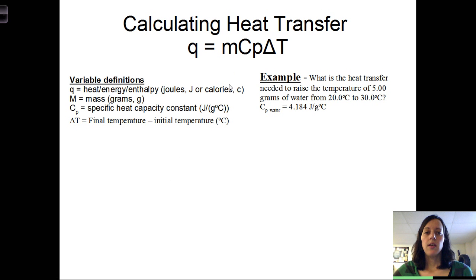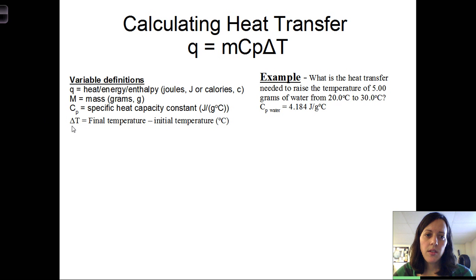So to calculate heat transfer, we're going to use this equation, where Q equals mCp delta T. Q is defined as heat, or energy, or enthalpy. It's measured in joules. The m is our mass in grams of whatever substance we're transferring heat to. Cp is our specific heat capacity, and delta T is the change in temperature.